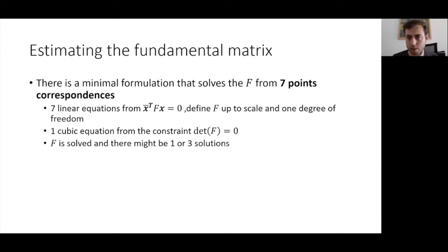So if we get 1 solution, then we are done and we are happy. But if we get 3 solutions, how can we choose the right solution for F? Because there is only one good solution. I can just use another point correspondence and see which one of the 3 solutions can map this new correspondence, and then choose the right solution.